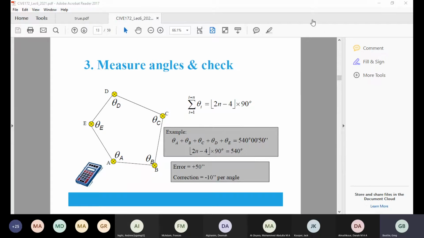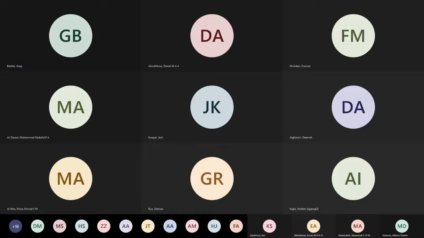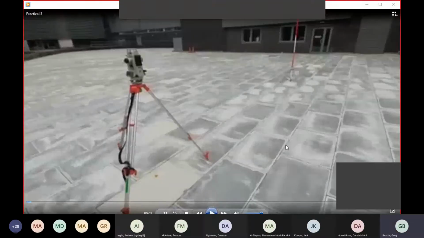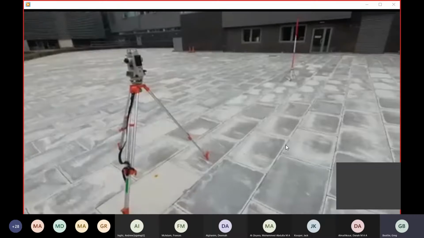So we've got 5 stations. Let me just get the video up now. The quality of this isn't great. Instead of doing a talk over, which I've done for the last couple, I'm just going to upload my discussion over the video after this lecture.